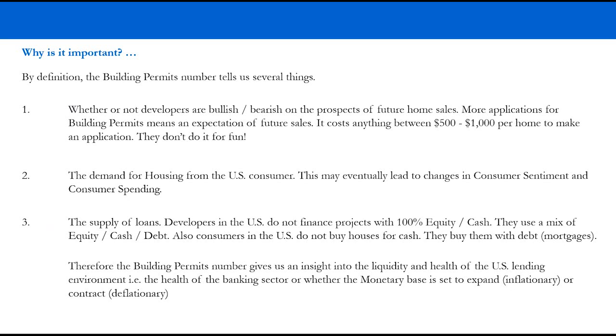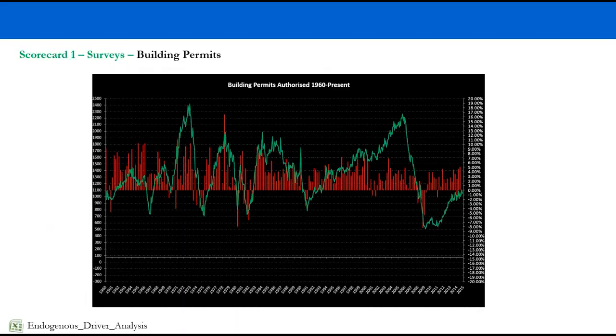Now we can go over to the spreadsheet, endogenous driver analysis, and we can take a closer look at building permits when we're looking at GDP and building permits in terms of gauging inflation or deflation.